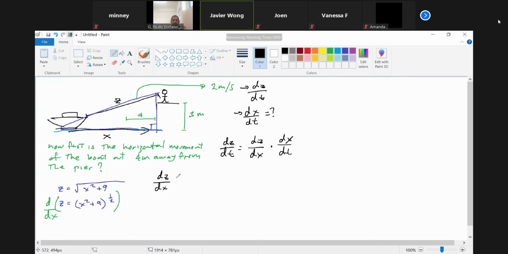Half times everything inside, so (x squared plus 9) raised to negative 1/2, times 2x. Times 2x, which means that's half, and then this is now 2.